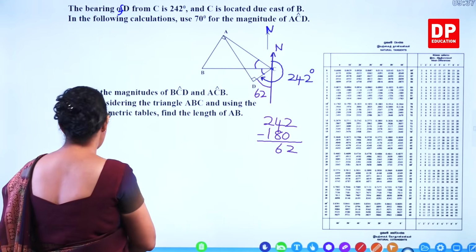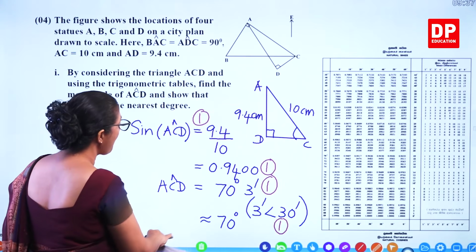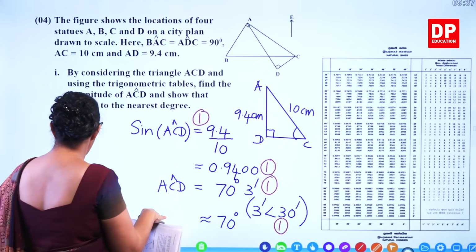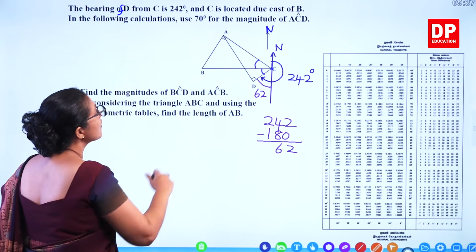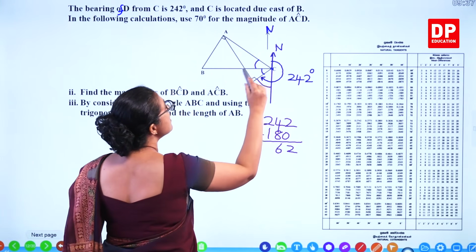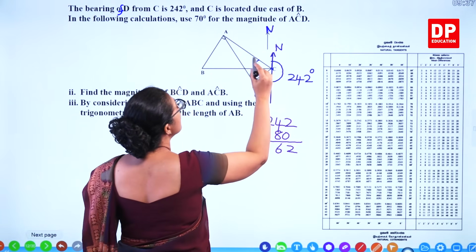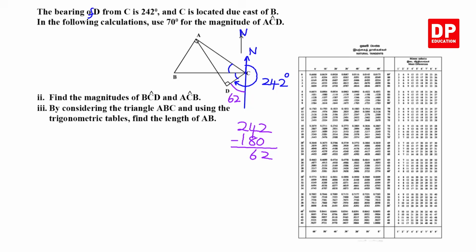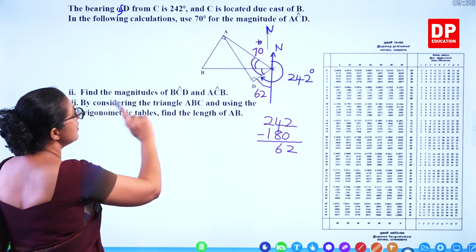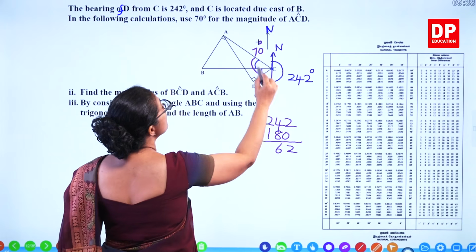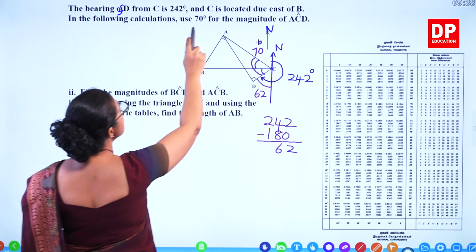What's the 70-degree angle? ACD. This whole thing is 70. So I'll mark it here. This is 70 degrees. And this is 62.